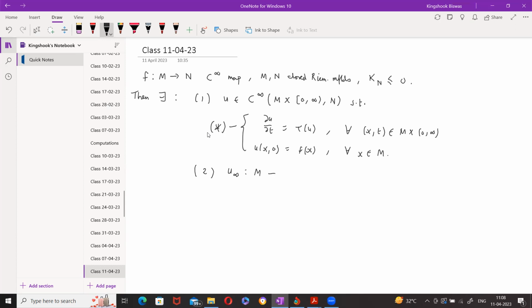And the second point was there exists U infinity, a smooth harmonic map from M to N, and a sequence of times Tn such that U of Tn converges to U infinity in C2 as n tends to infinity, for some sequence of times Tn tending to infinity.